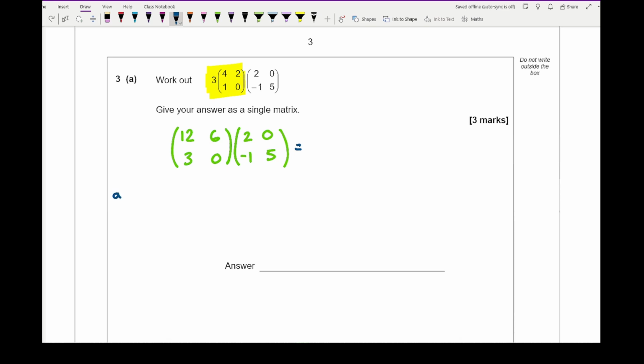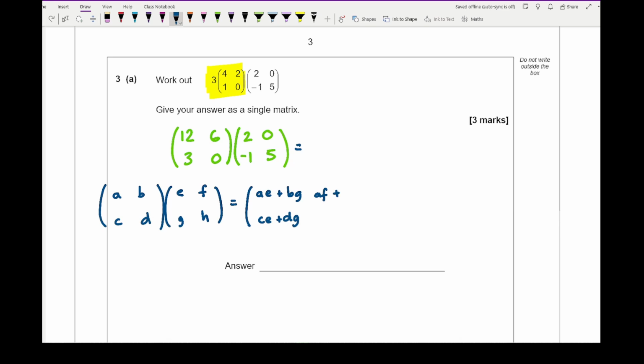If I've got A, B, C, D in my first matrix, and E, F, G, H in my second matrix, then the multiplication of those two matrices is going to be AE plus BG, and this one here is going to be CE plus DG, and then for the top right hand corner it's going to be AF plus BH, and CF plus DH.